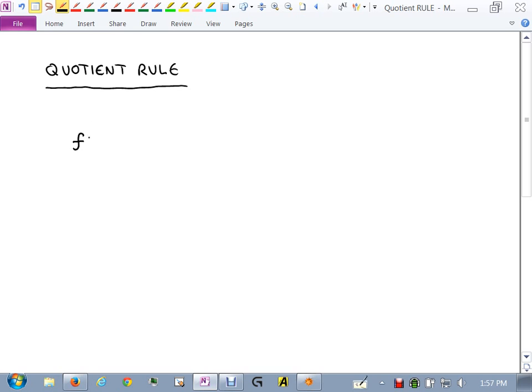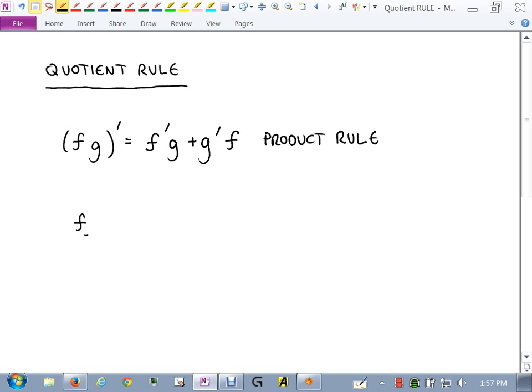So we just saw, I'm going to write the product rule up here again for you. That's the product rule. Here's what the quotient rule says. If you have a quotient, f divided by g this time, not multiplied, this will be f prime g minus g prime f.